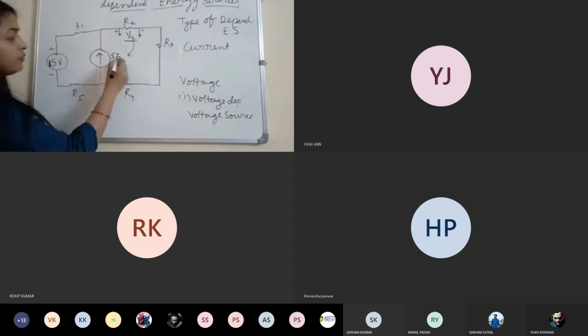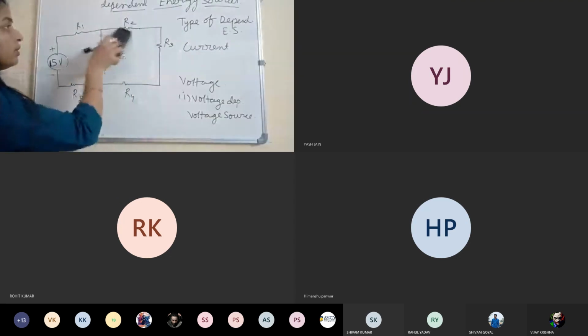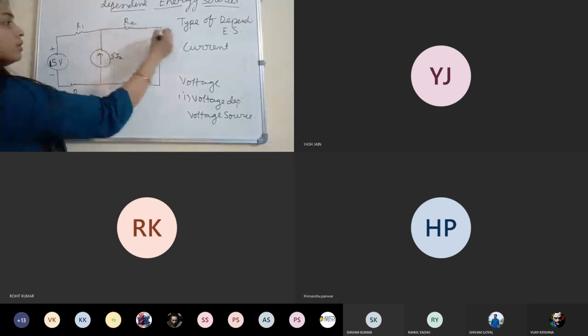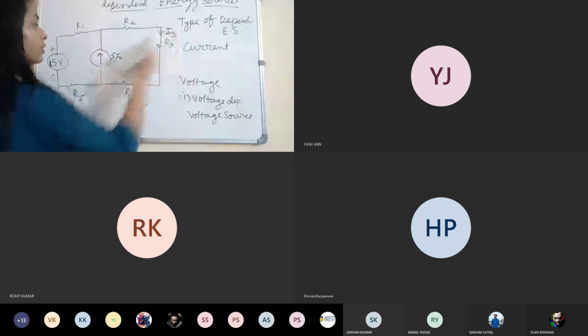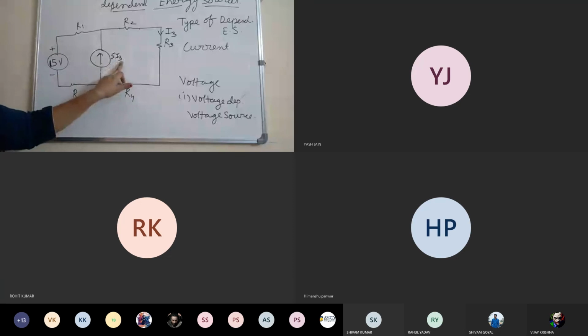Now 5I2. Now you can see the source. Here the current source is rated as 5I3.